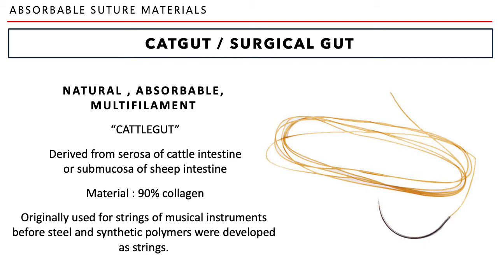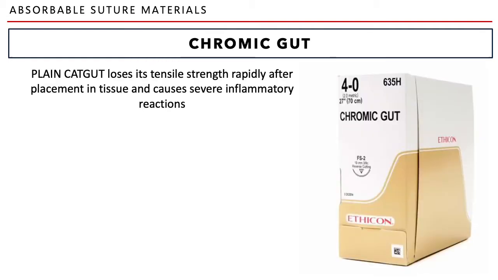For some, they still prefer this, but for most, they now prefer the synthetic polymers because catgut breaks easily. Okay, that is the ultimate complaint about catgut. Very brittle. It just breaks on you, right? It loses its strength rapidly after placement in tissue, and it was found to cause severe inflammatory reactions. Plain catgut.